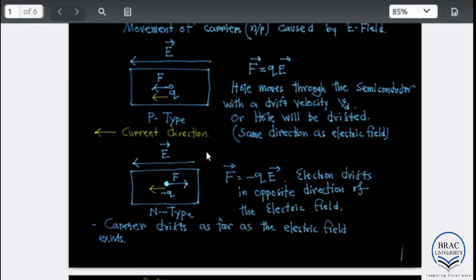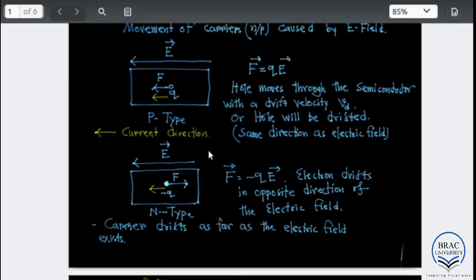So again, since the electron is free to move within the semiconductor, we expect that under the influence of this electric field, the electron will be moving with an average drift velocity opposite to the direction of the electric field. Since we have a movement of electrons, we have got a current, and this current we call drift current.